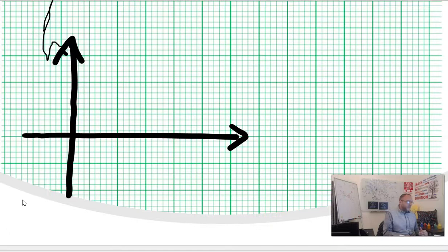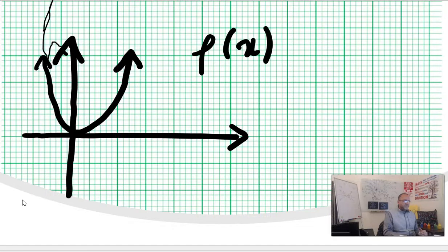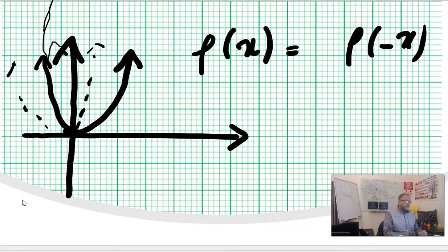Now, if you have something like that, and I always like to take y equals x squared because it's an easy function, if it goes like this, and you do f of x equals f of minus x, you are actually looking for the reflection over the y-axis.